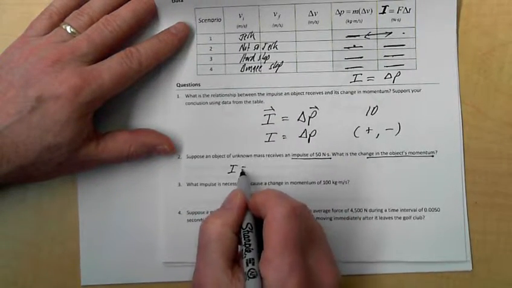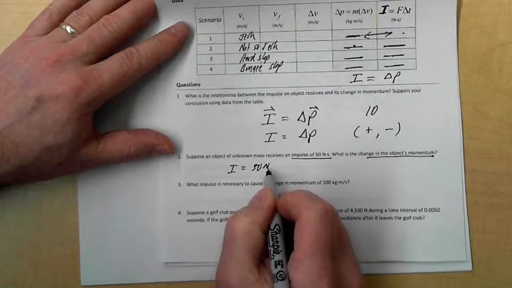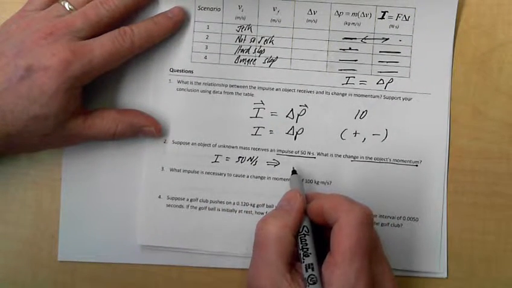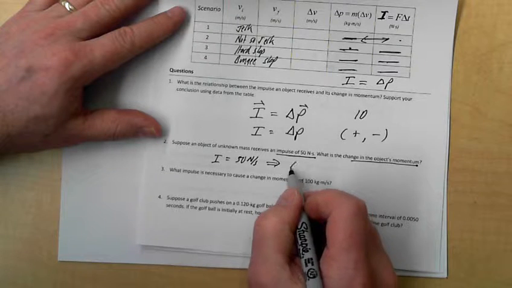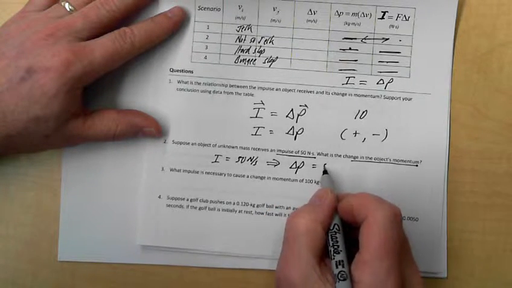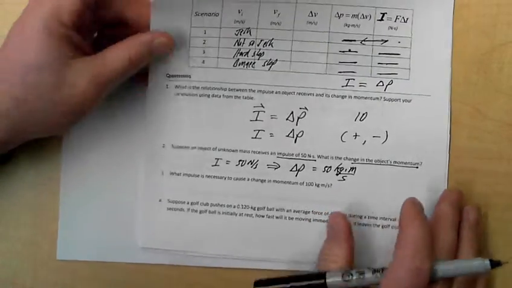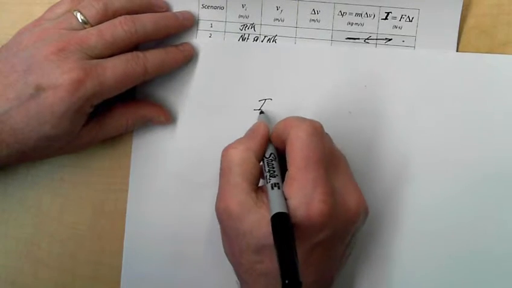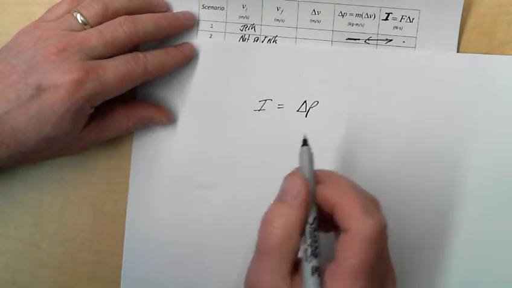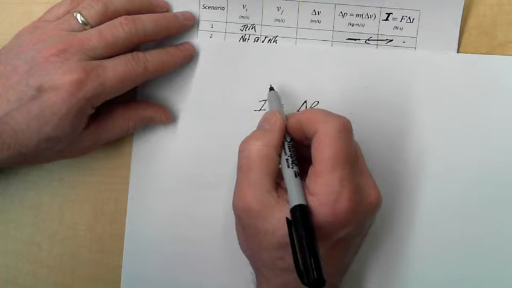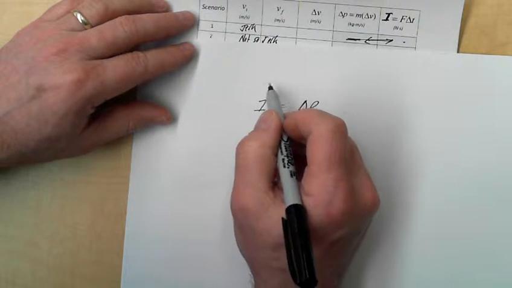So if I equals 50 Newton seconds, then it follows that the change in momentum is going to be 50 kilogram meters per second. Let's take a little pause there and look at these units, because if we're saying that impulse equals change in momentum, just like an apple must equal an apple and a banana equals a banana, you can't say an apple equals a banana.